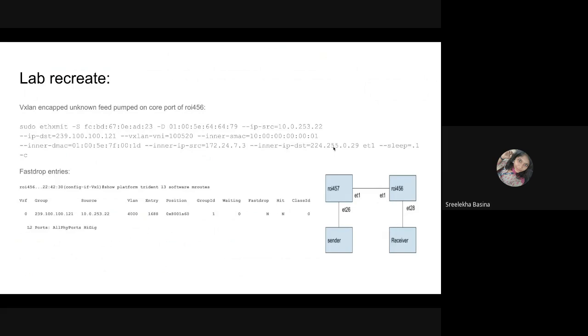Now even if any of the VTEPs get traffic for .29, they will simply flood the traffic to all the VTEPs that are part of the overlay multicast tree. So you need not have a receiver specifically for this group. Even if you just have any receiver, you will be subscribed to the overlay multicast and you will receive all the feed, which is not optimal. That's just one point I wanted to add.